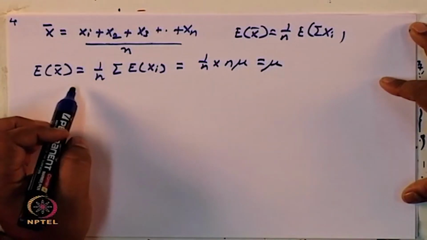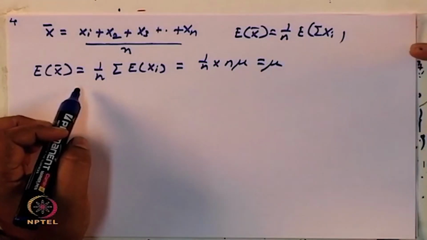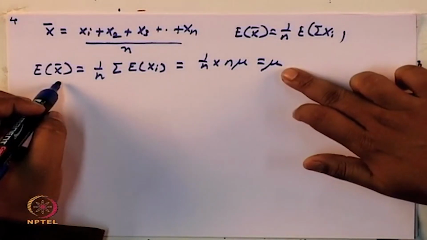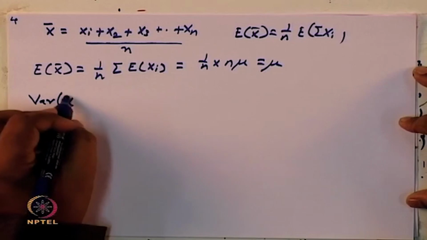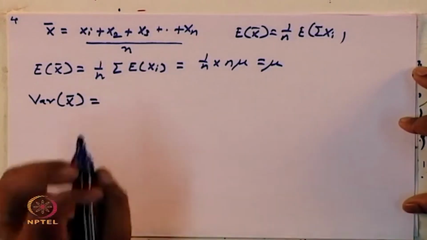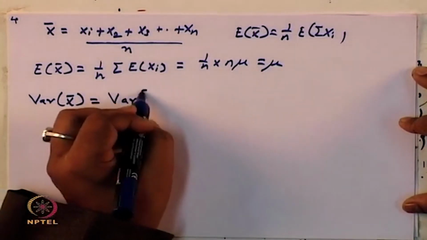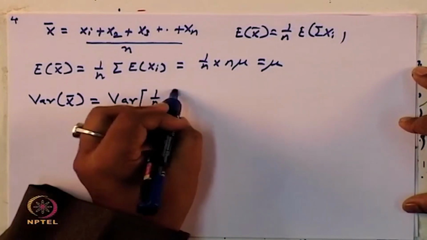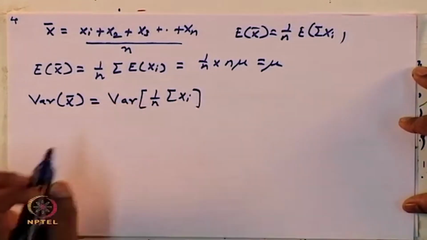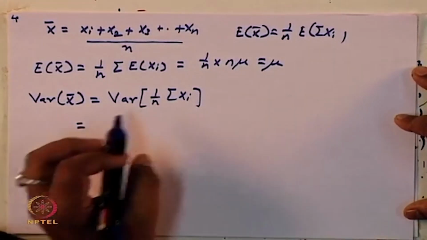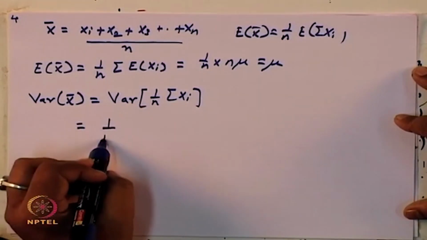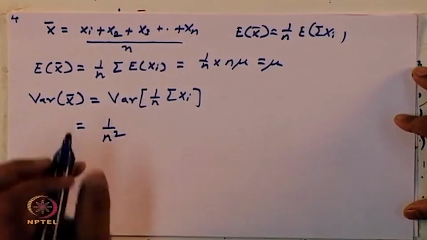Okay. So, the total sum is a normal random variable with mean n mu, but the sample mean is a normal random variable with mean mu. And what about the variance of x bar? The variance of x bar is the variance of 1 by n into summation x_i. This 1 by n is a constant, so if you take it out, you scale it by 1 by n square, as we have derived earlier.